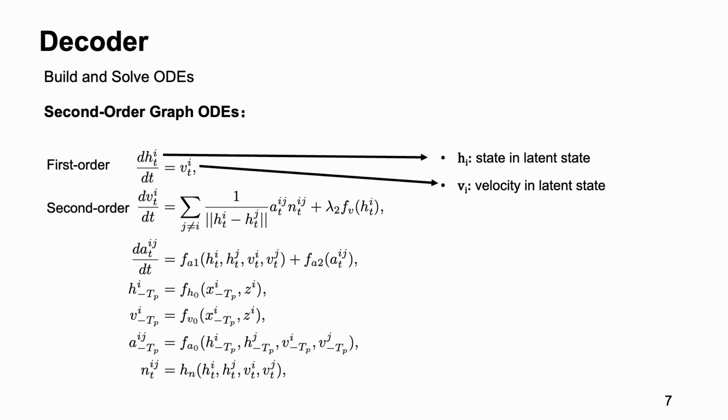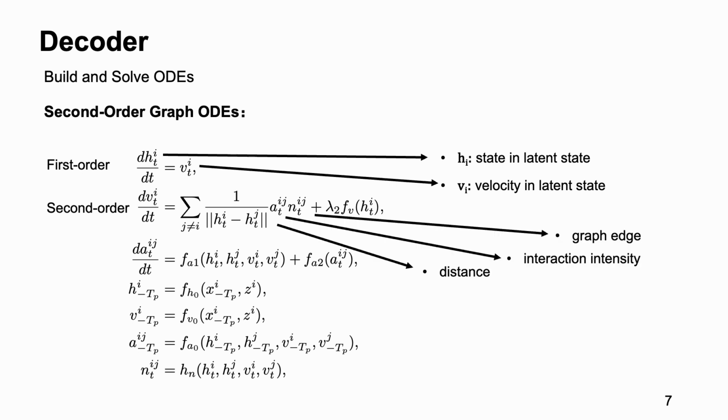It means the derivative of velocity is acceleration, which is affected by agent interactions. The agent interactions include distance information, interaction intensity and interaction graph edge. These equations are inspired by Newton's second law. We also compute the initial values for the ODEs using these three equations. Then we can solve the second-order ODE to forecast the future trajectories.